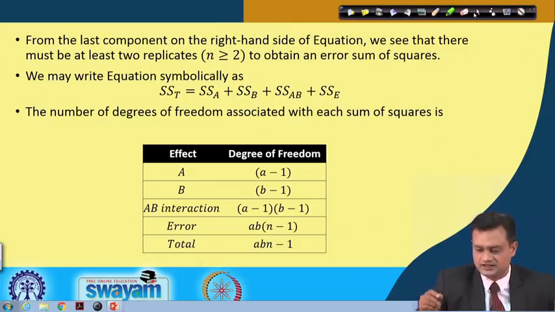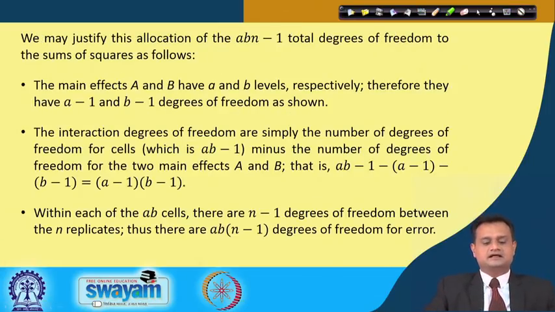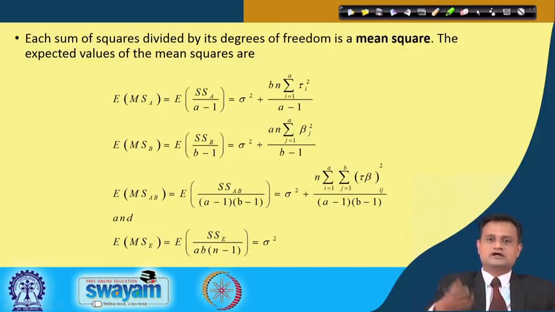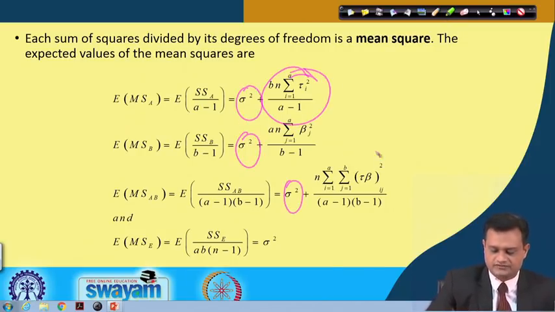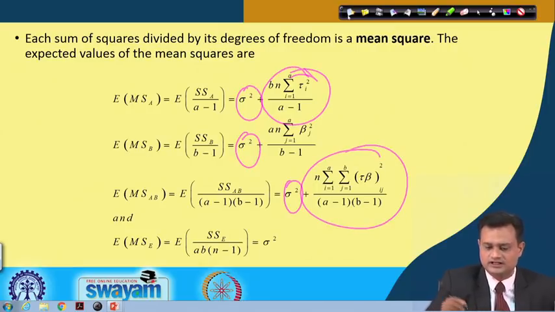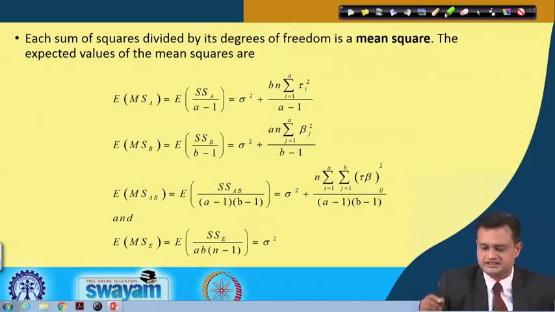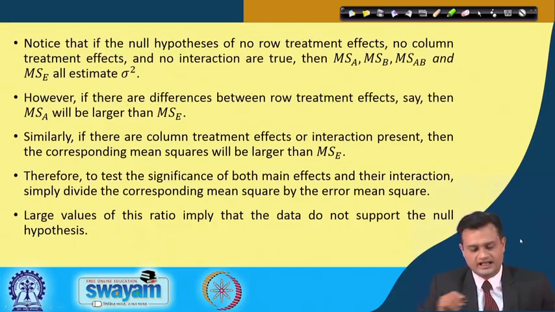So once you have done this, then you can compute the degree of freedom, and you can also estimate the mean square error just by including the treatment effect to the population variance, and this will help you to appreciate the basic logic behind the ANOVA analysis.